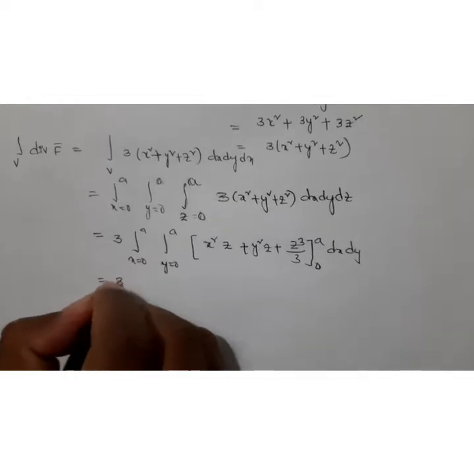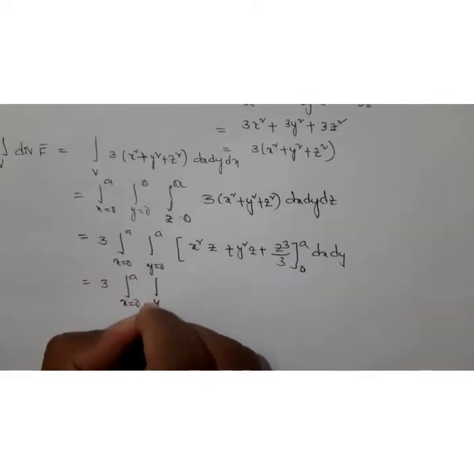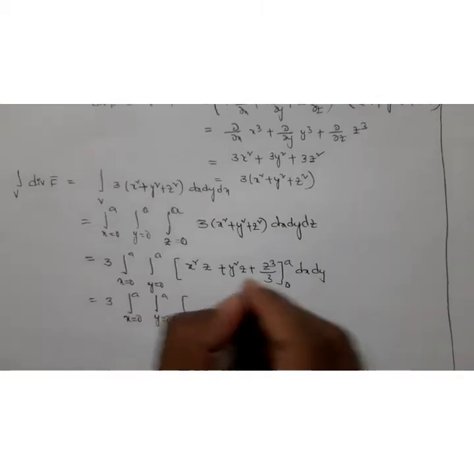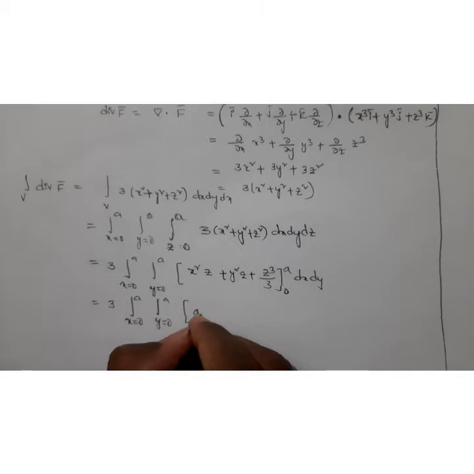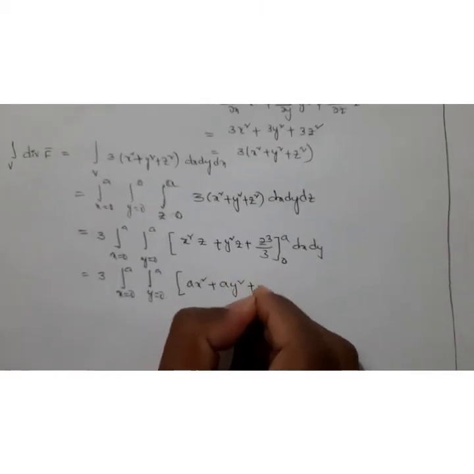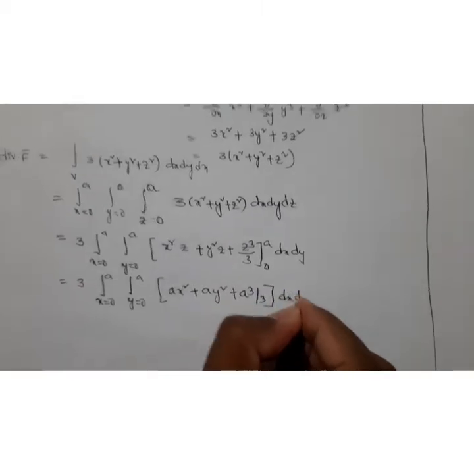Substitute the limits. For the upper limit, in place of z we substitute a: a x square plus a y square plus a cube by 3, into dx dy.